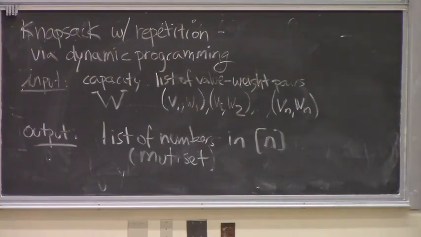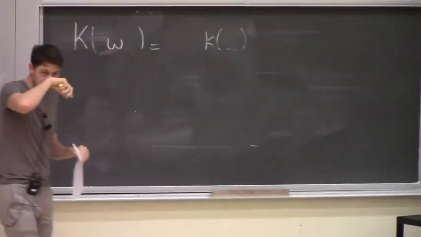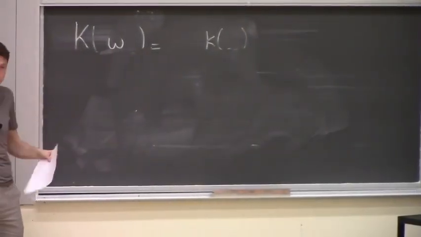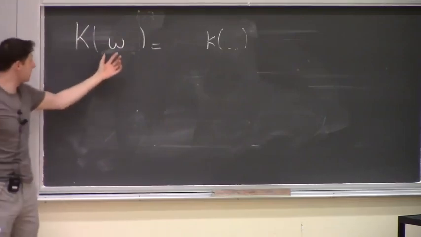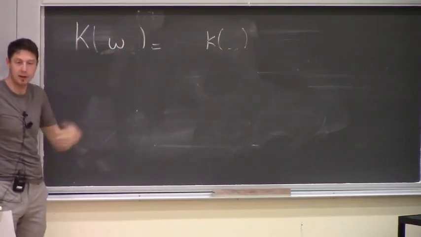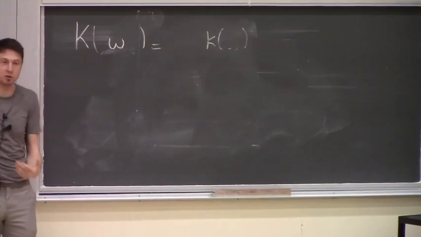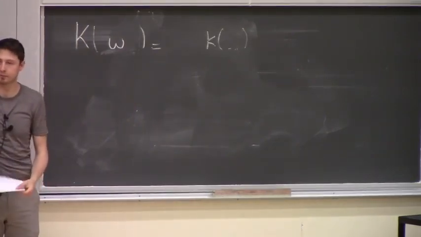We want to somehow invoke the case on something smaller, because inductively, I should have solved them already optimally, right? So I want to optimally solve a knapsack with capacity little w. How can I rely on optimal solutions to smaller knapsacks?